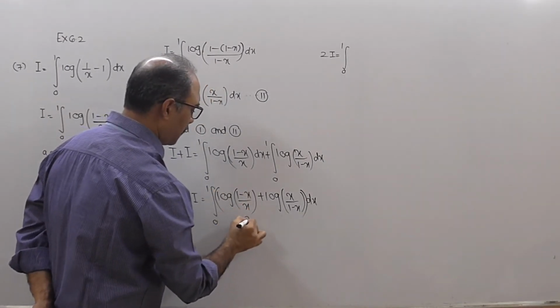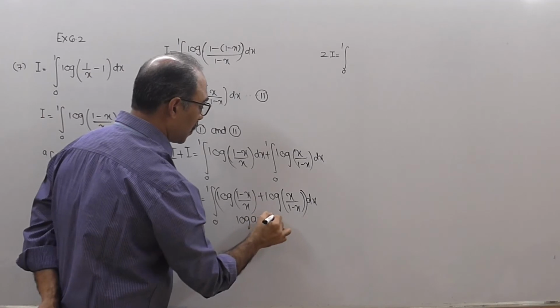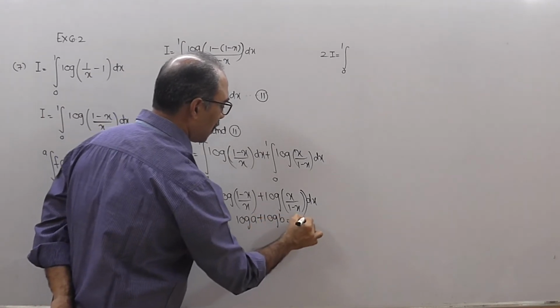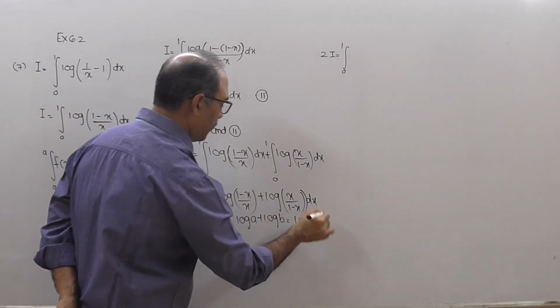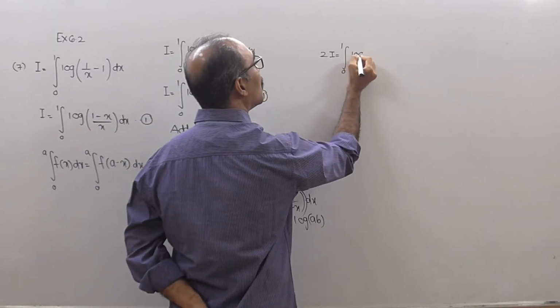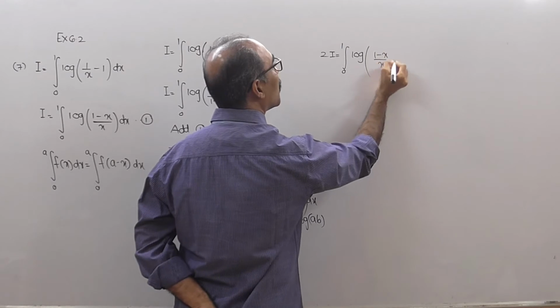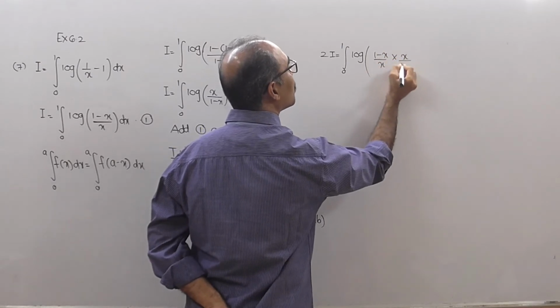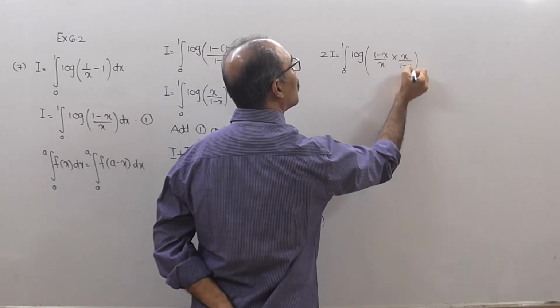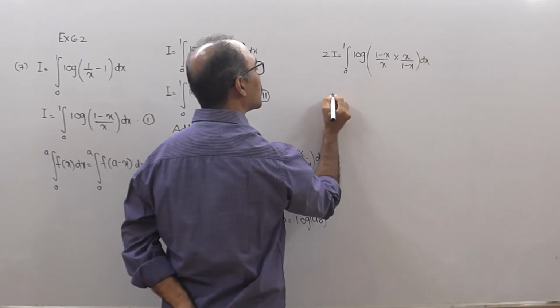This is in the form of log a plus log b. The formula for log a plus log b is log of ab. So this becomes log of 1 minus x upon x multiplied by x upon 1 minus x, and dx.